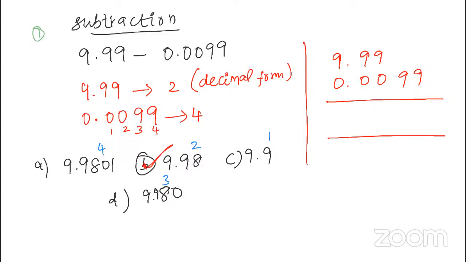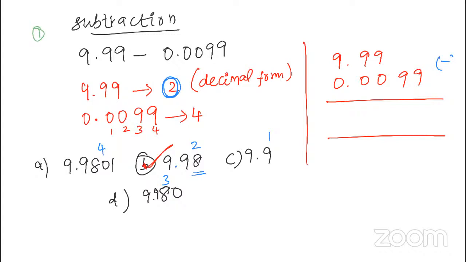So we already know the condition that the answer should be in least decimal form. Okay. So option B is the only one having 2 decimals. After the decimal point, it has only 2 digits. So the answer is 9.98.